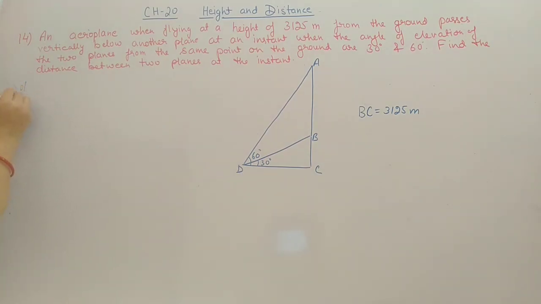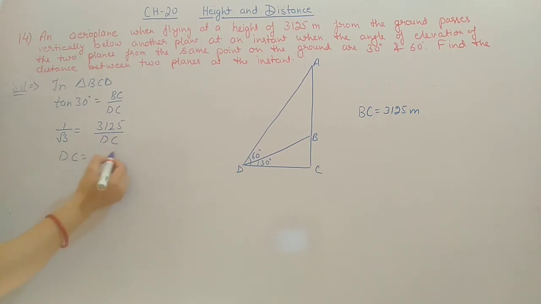First we will take the first triangle, triangle BCD. tan 30 is equal to BC by DC. And the value of tan 30 is 1 by root 3. BC is 3125 and DC we have to calculate. Shift this DC to one side and root 3 to the other side.